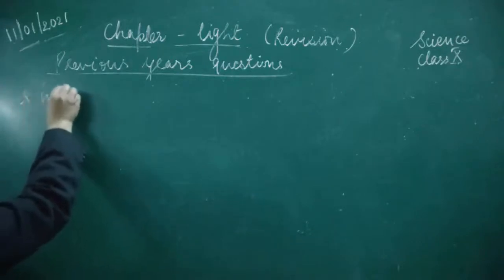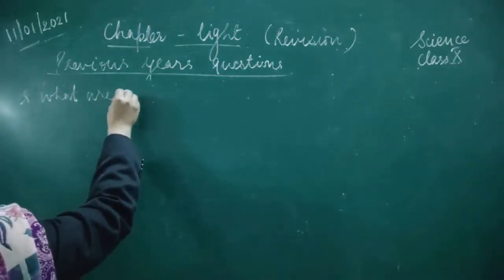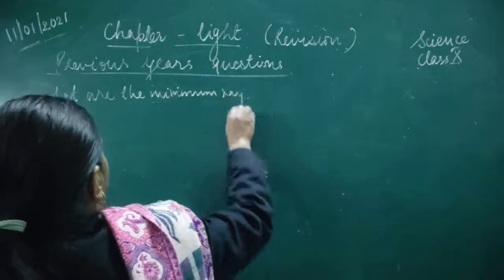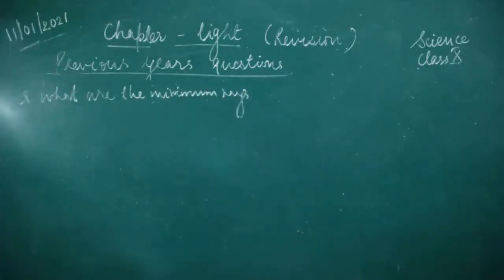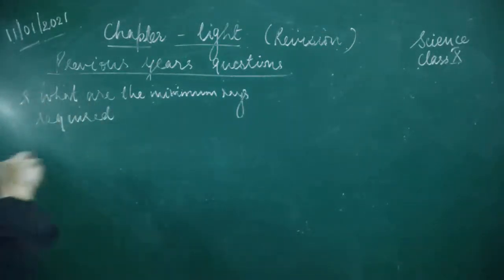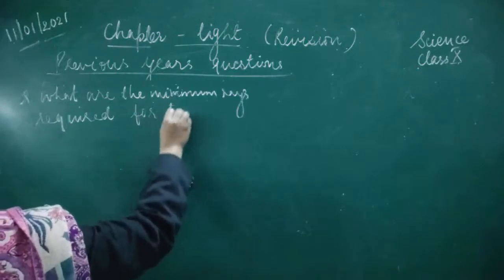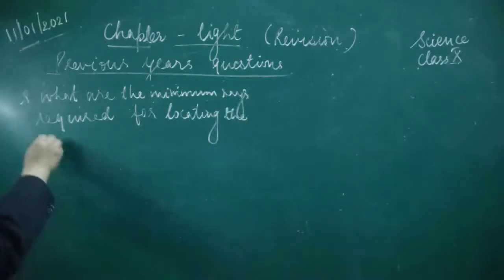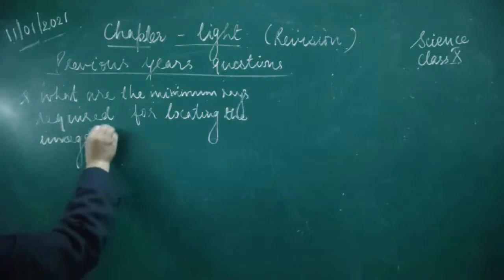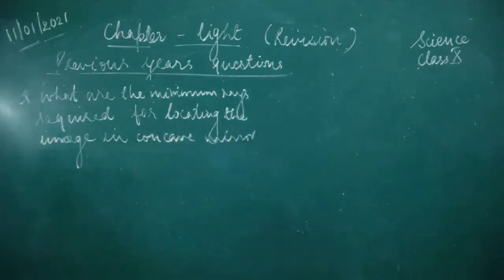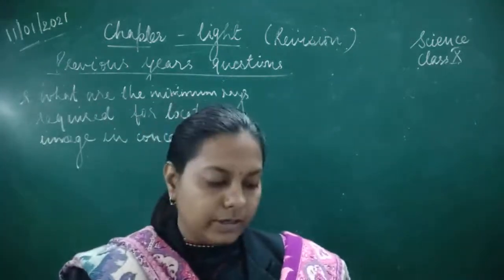Question is, what are the minimum rays which are required for locating the image in a concave mirror? ठीक है, what are the minimum number of rays which are required for locating the image on a concave mirror?